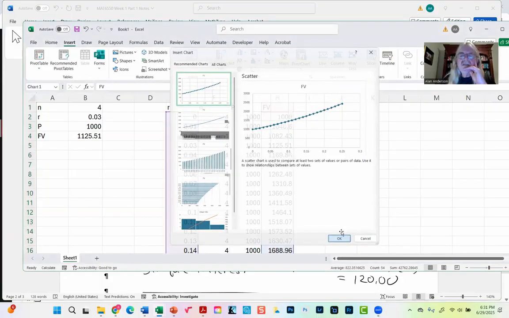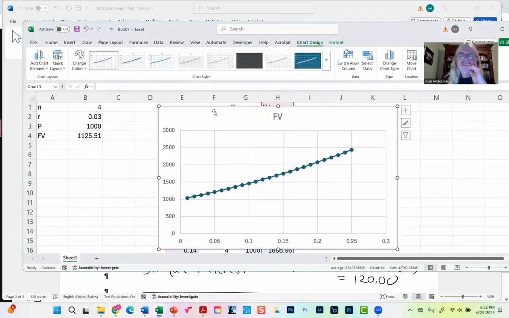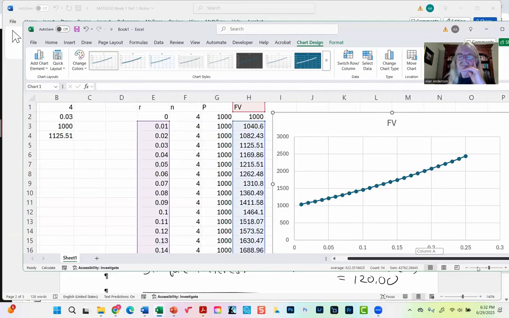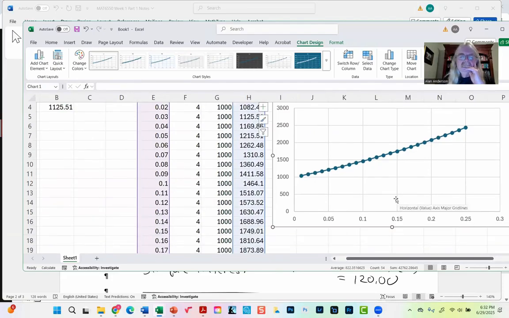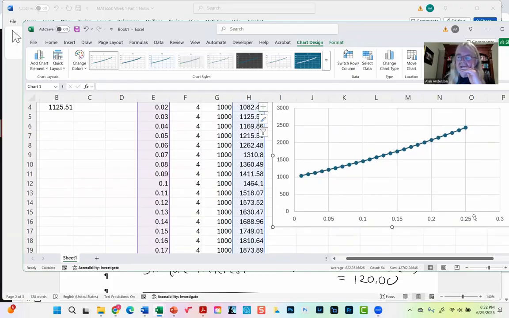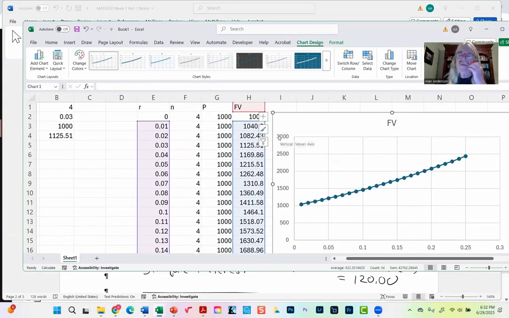And you'll see that it's not a linear relationship. So in other words, as the interest rate goes up, that would be our independent variable, or x. The future value is the dependent variable, or y. And if you notice, it's increasing, but not at a constant rate. It appears to have a first and second derivative that are both positive.